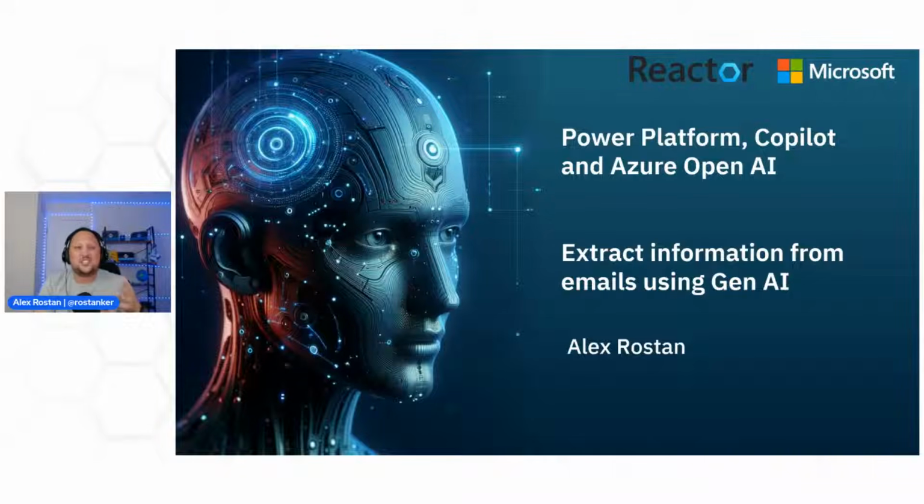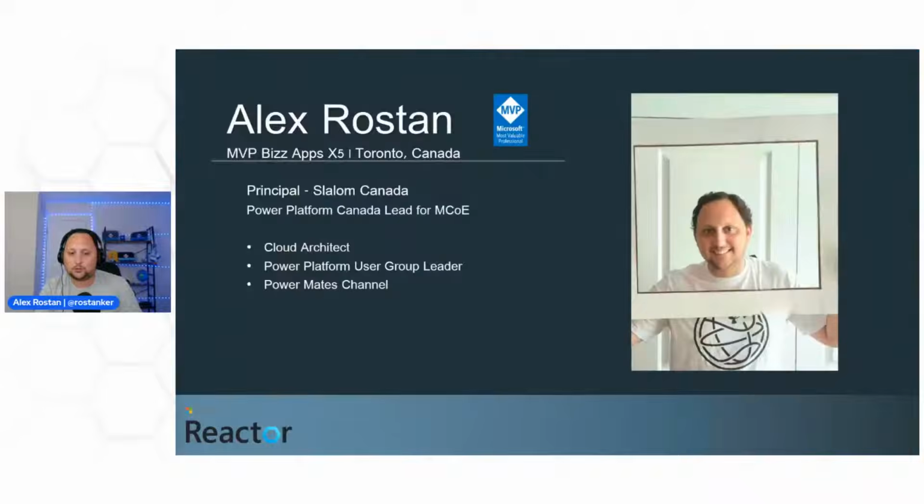In the demo, we'll see that it could be an email, but also a file or any text we want to extract information from. That is the Power Platform, Copilot, and Azure OpenAI.